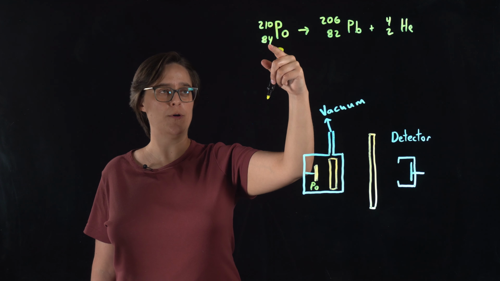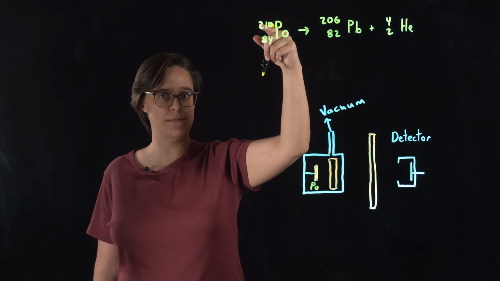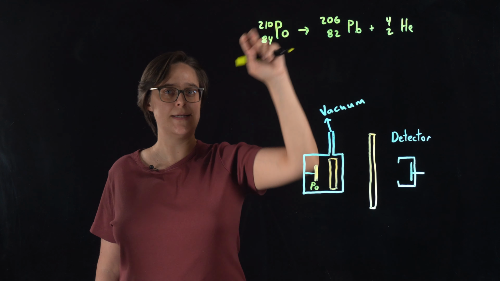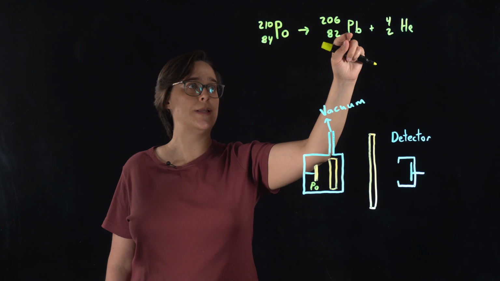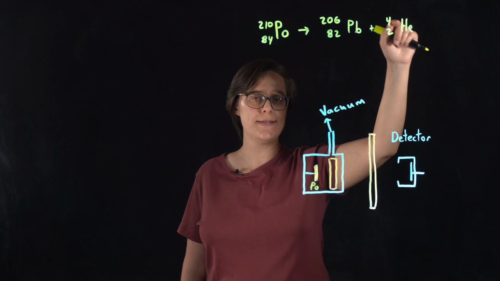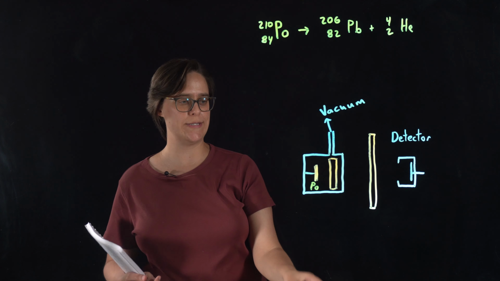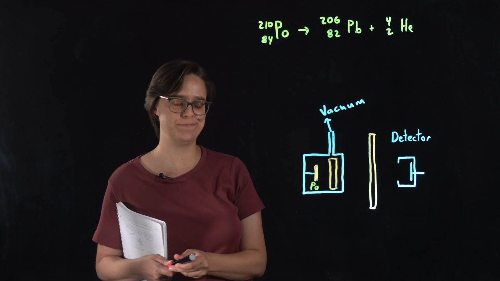Polonium has 84 protons in the nucleus. It's element number 84, and this particular isotope has a mass of 210. This decomposes to lead-206 and helium nuclei. This is our alpha particles. So this polonium was giving off alpha particles.